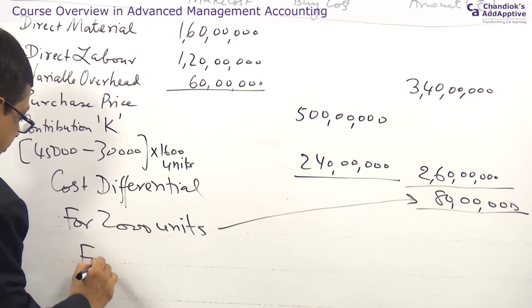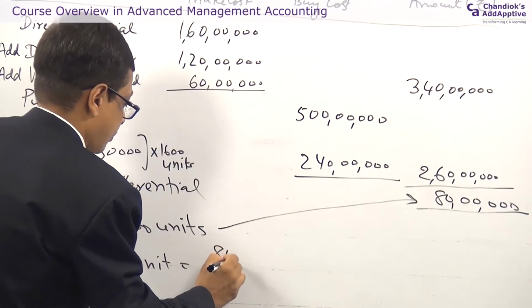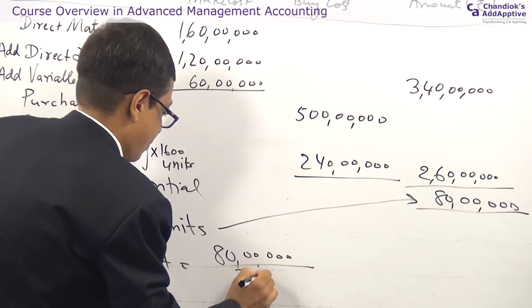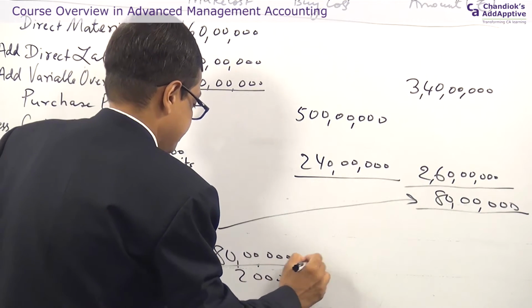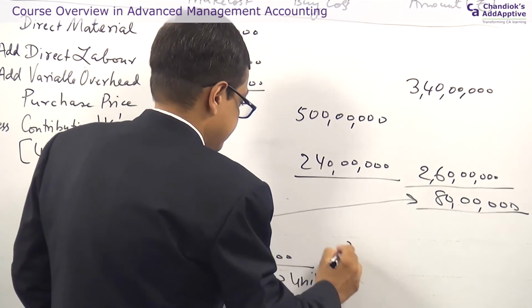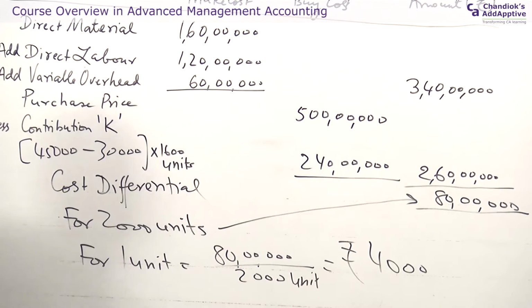So for 1 unit, it is 80 lakh divided by 2000 unit. This becomes rupees 4,000. So what is the analysis?